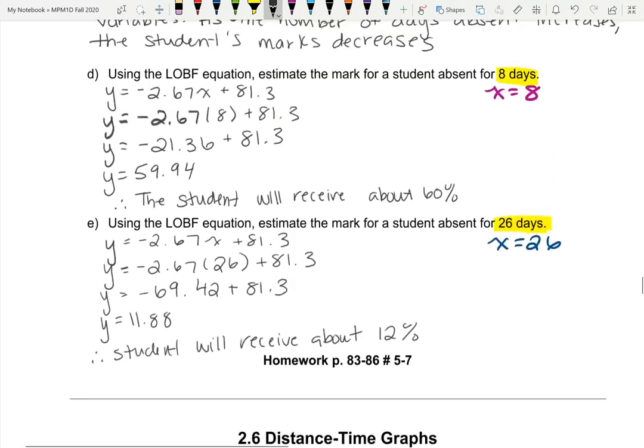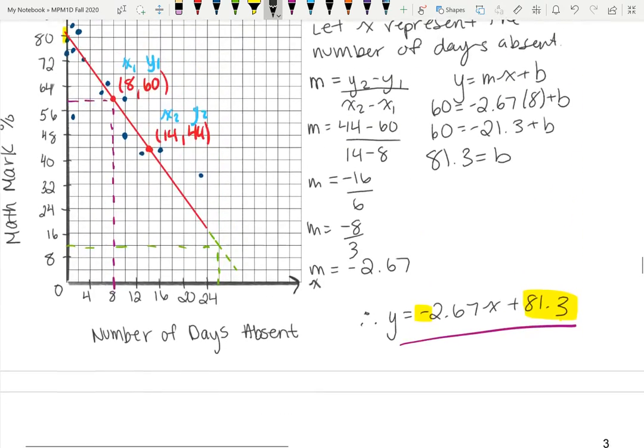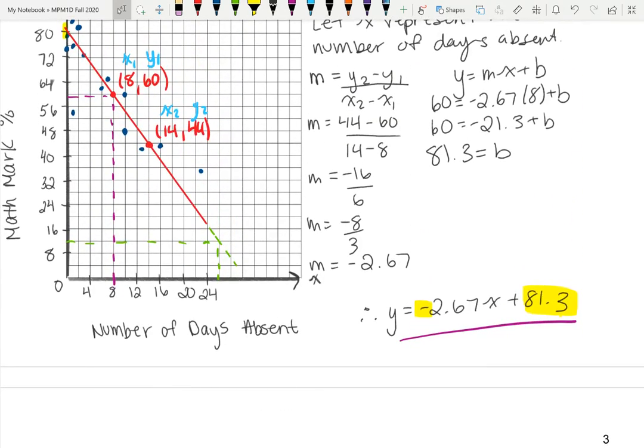When a student is absent for 26 days, they will receive a mark of about 12%.